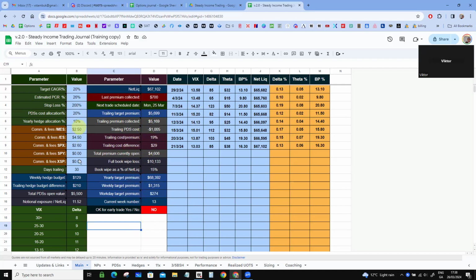You just change these as you need, and then you change these here. Normally, when you're getting ready to put on a trade, once per week or once per day, you just come in and fill in the date, the current VIX, your delta, portfolio theta, and portfolio buying power used for the strategy.